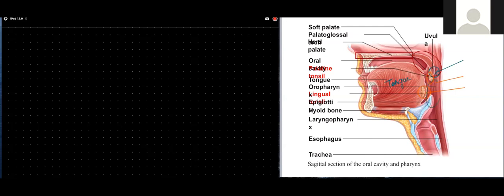The part of the pharynx located posterior to the oral cavity, this is the oropharynx. As you keep moving down, the part of the pharynx located posterior to the larynx, this is my laryngopharynx.